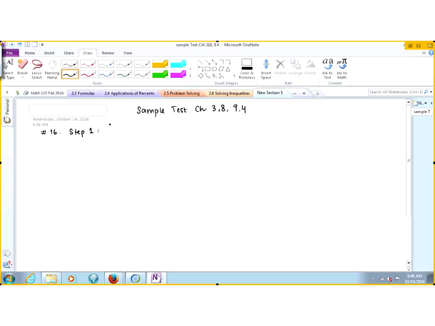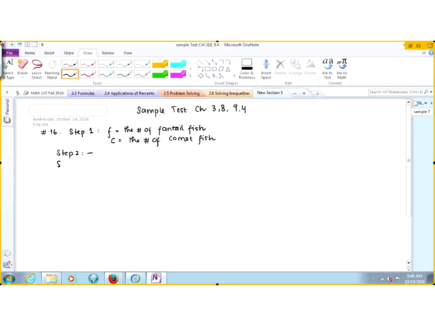Yes, so step 1. Fantail. What letter do you want to use for fantail? F. So F is the number of fantail fish. Comet. So we use what letter? C. The number of comet goldfish.